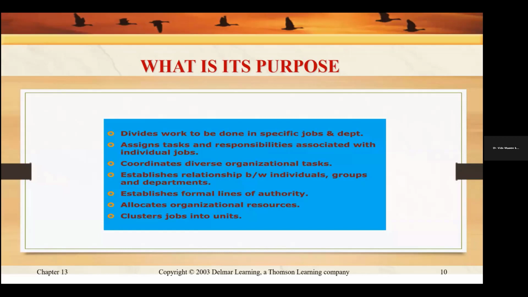It establishes formal lines of authority, then allocates organizational resources, and it clusters jobs into the units that we want. So that is the purpose of organizational structure.